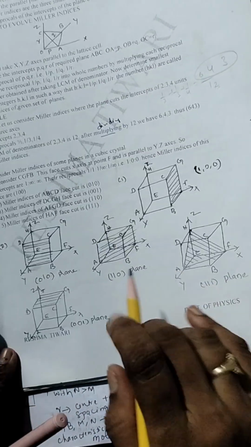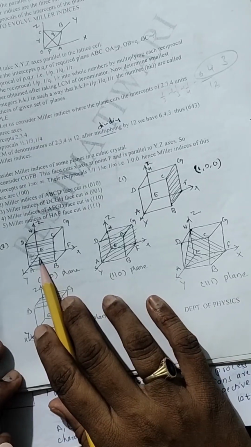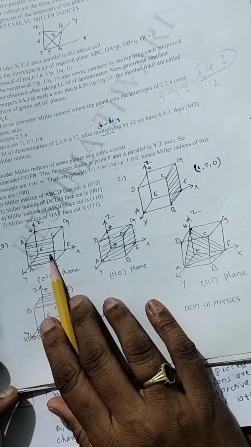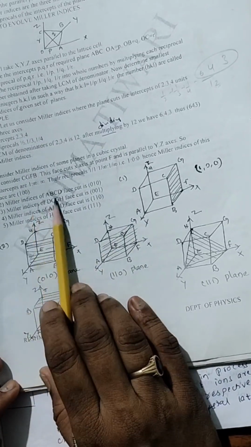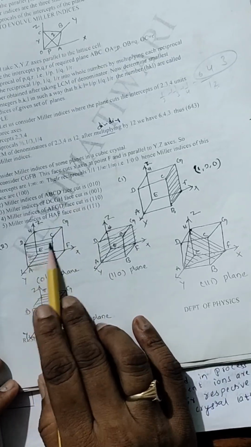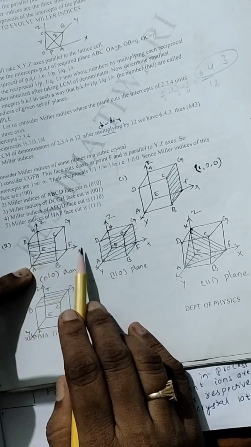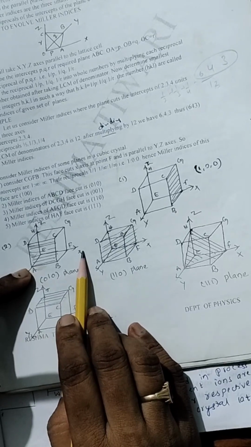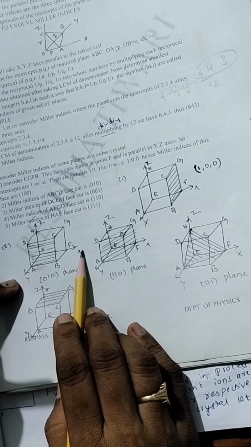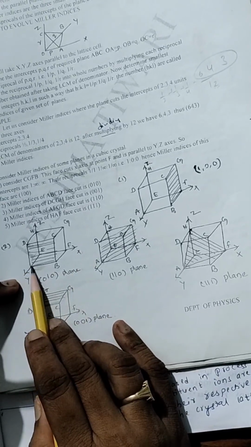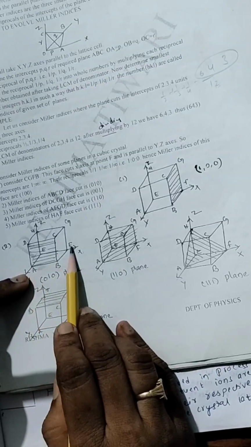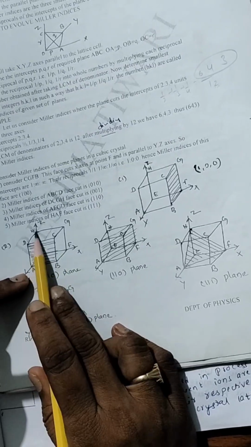Now if we give such a plane set, then the Miller indices, see here, the shaded part is intersecting Y, not Z. Now here I am directly saying how we will write the Miller indices. It is intersecting Y, no? This is 0, 1, 0.